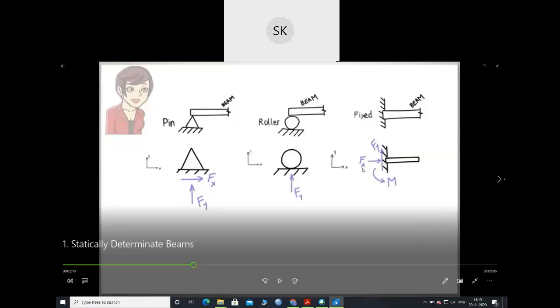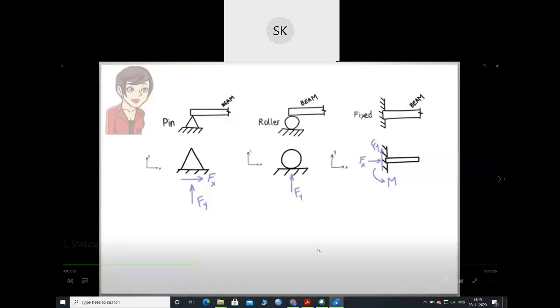This fixed support will resist your horizontal movement, your vertical movement, and it will also restrict rotation, clockwise or anti-clockwise. But the roller support will only resist vertical movement, and the pin support will resist vertical and horizontal movement. Horizontal movement is represented by Fx, and vertical movement is represented by Fy.